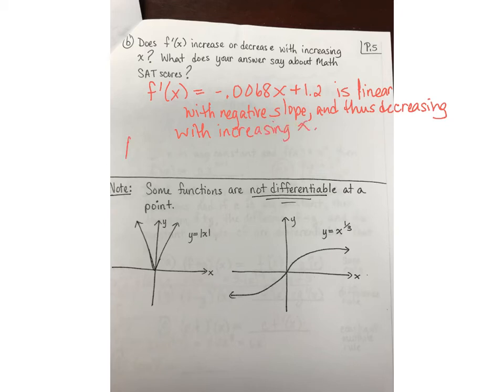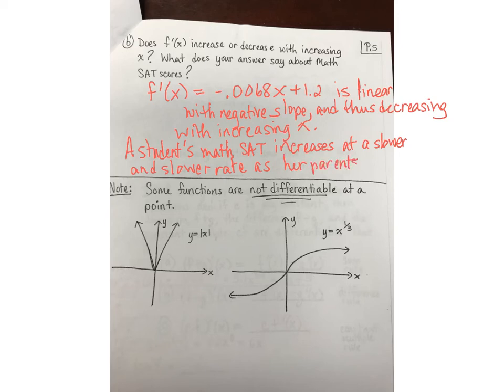So that means that a student's math SAT score increases at a slower rate as her parents' income actually increases.